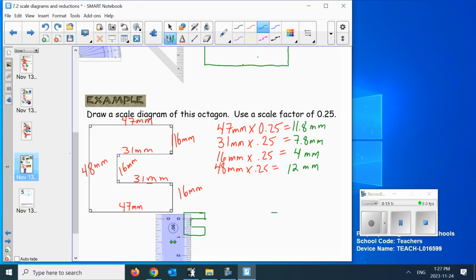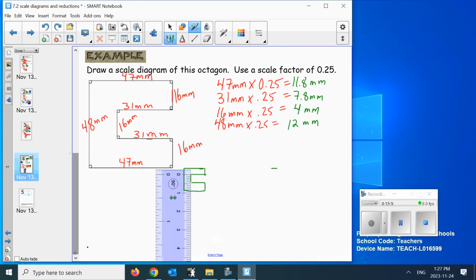It's fatter at the bottom than it is at the top, and it shouldn't be. 16 here, 16 there. Should be 4 and 4. Notice my proportion isn't perfect. I do better when I use a pencil on paper. The way my digital hands work, they don't line up correctly. Anyways, you guys should have your drawings done, right?